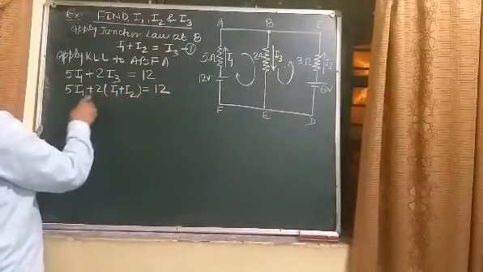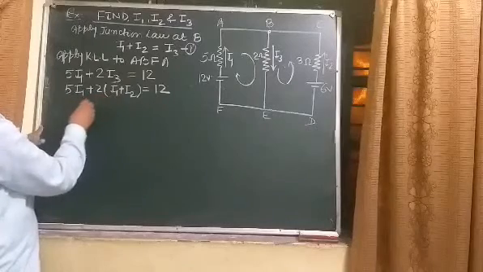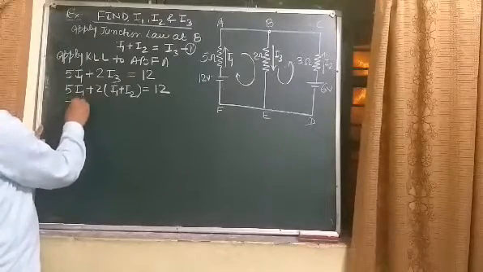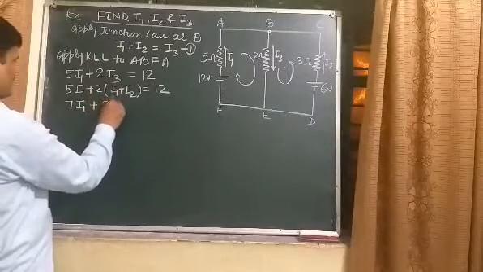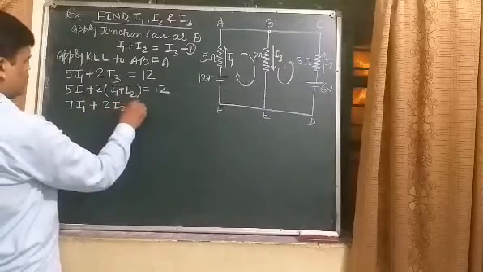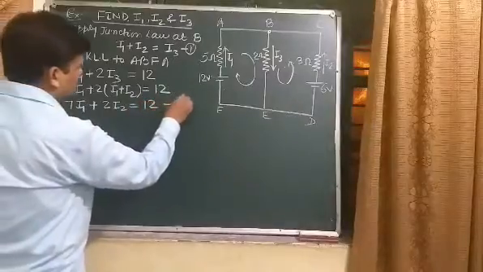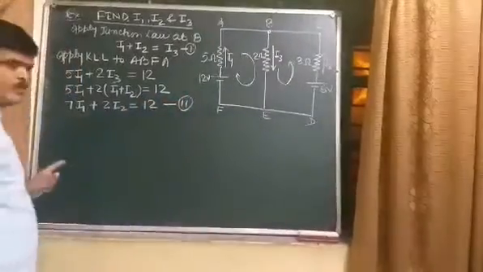Solving this equation, 5 I1 and 2 I1 is 7 I1. 7 I1 plus 2 I2 equal to 12, and this is equation 2.